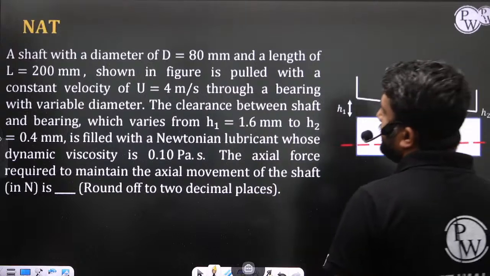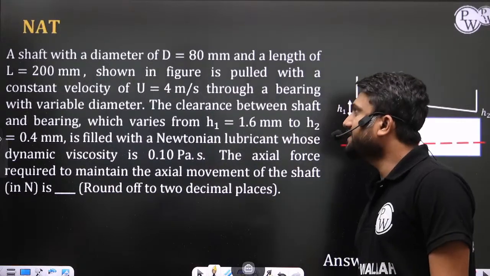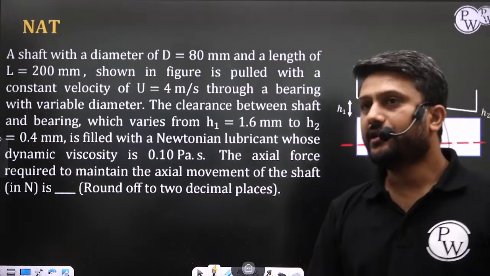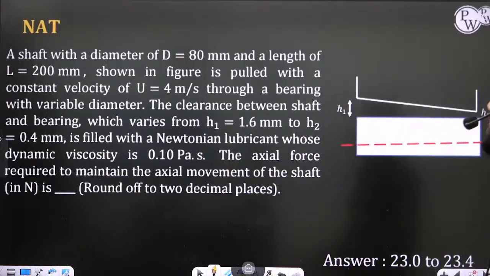In the question, there is a shaft with a diameter of 80 millimeter and length of 200 millimeter, shown in the figure, pulled with a constant velocity of 4 meter per second through a bearing with variable diameter.